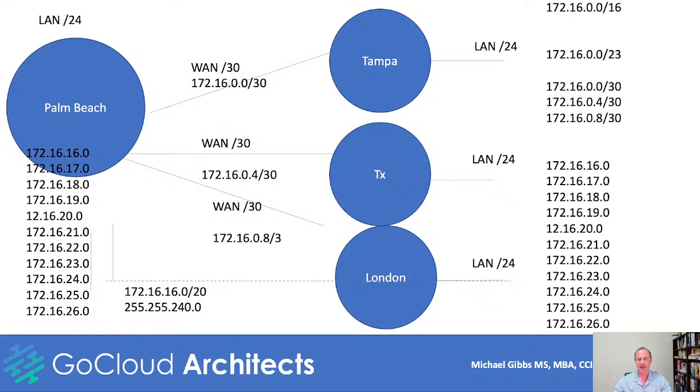Now, how many subnets do we need for everybody's LAN? Just one. That's it. So let's say we do 192.168.32.0 slash 24.